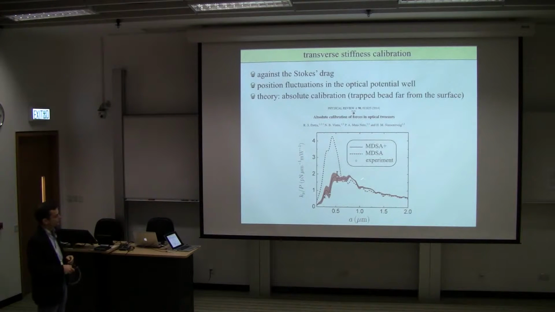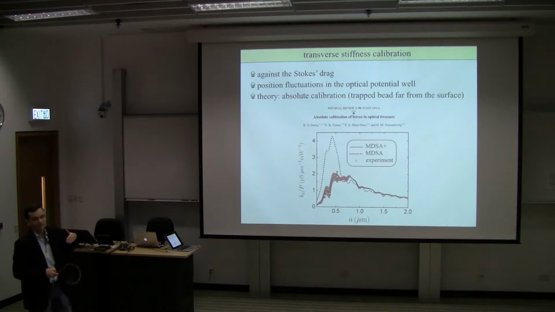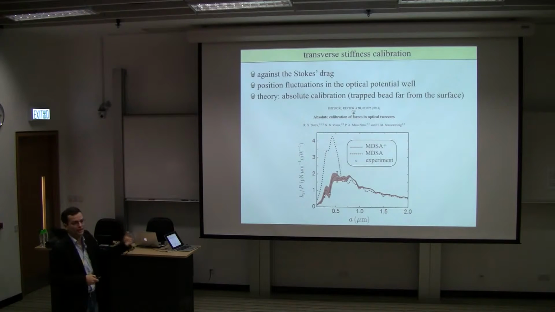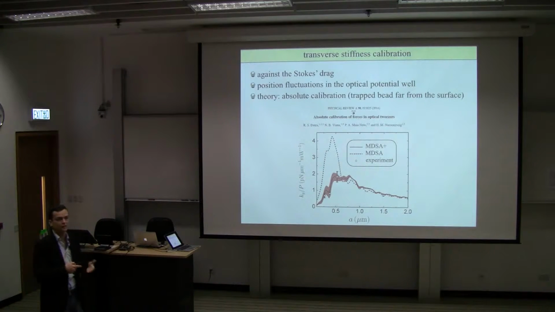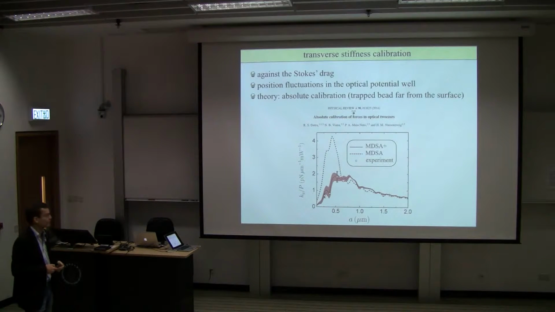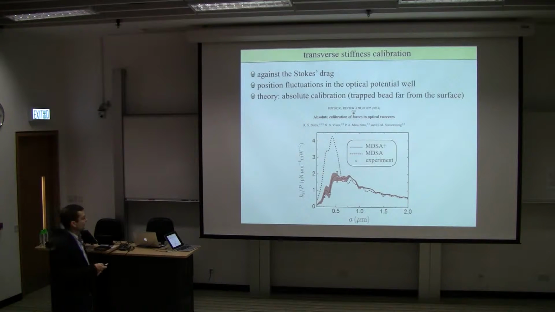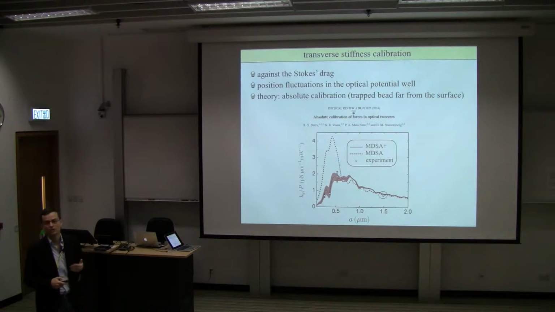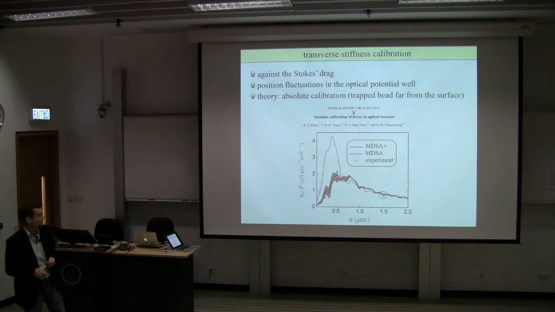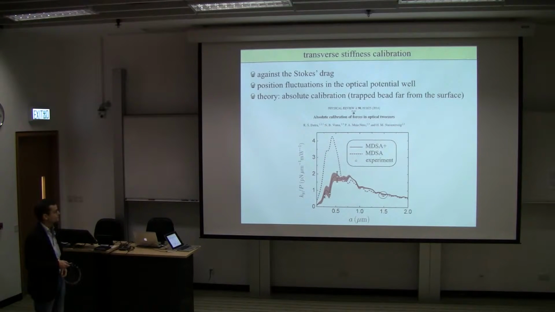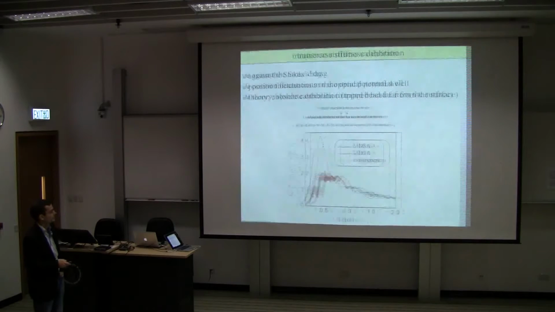So there is very good agreement, and this is a third check. There are many cross-checks that we can do to see if the calibration is okay, including comparing with theory. And this is the bead size we are going to use. You see that I have a stiffness of the order of 1 femtonewton per nanometer if I have 1 milliwatt. This is the typical value of stiffness we are going to use. So it's this point here.